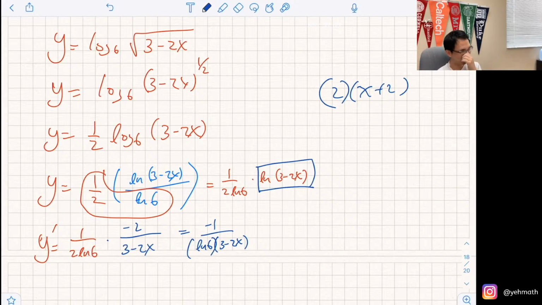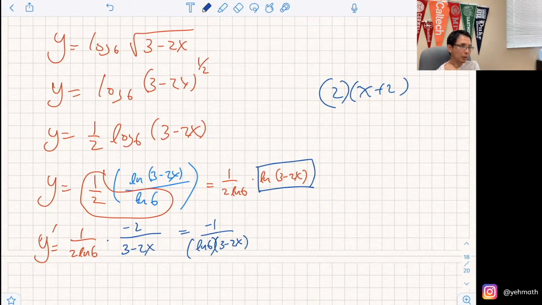Yes. I'm curious, why could you flip-flop between log and natural log? Wait, what's your question again? We go from log base 6, then we're using natural log. Why do we go from log to ln?